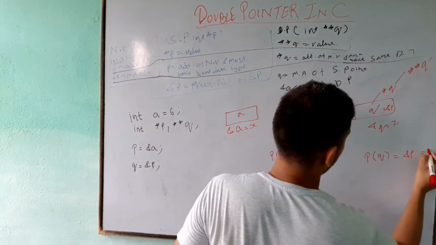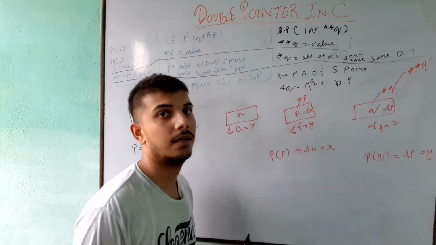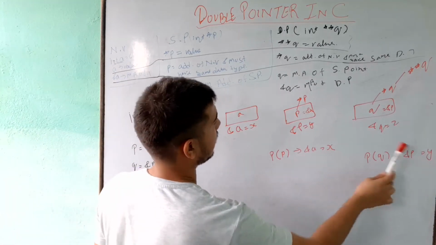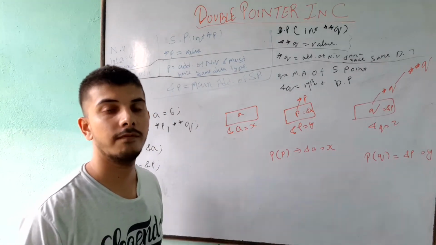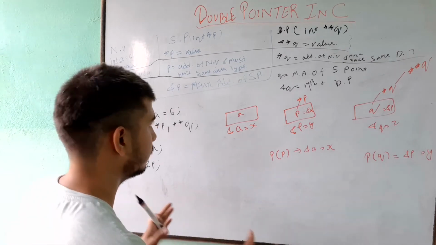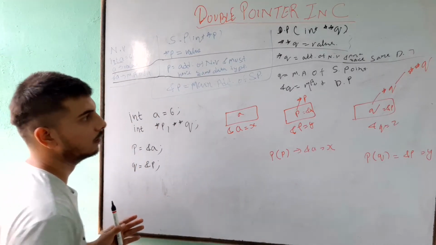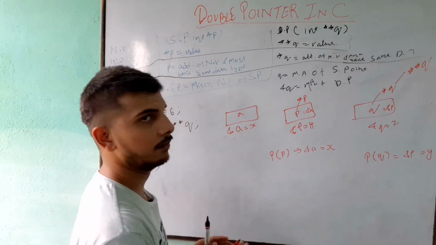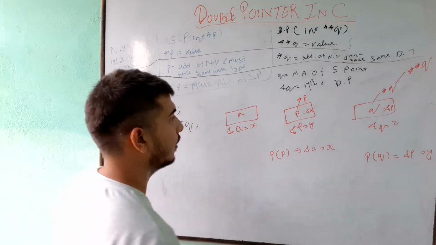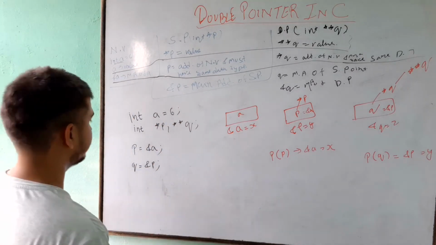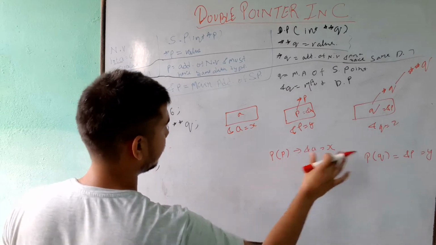It will give me y. In the C compiler, when you run it, instead of x and y it will give you some numbers, it could be anything, that's why I am taking it as x or y. These two lines are interpreted like this.